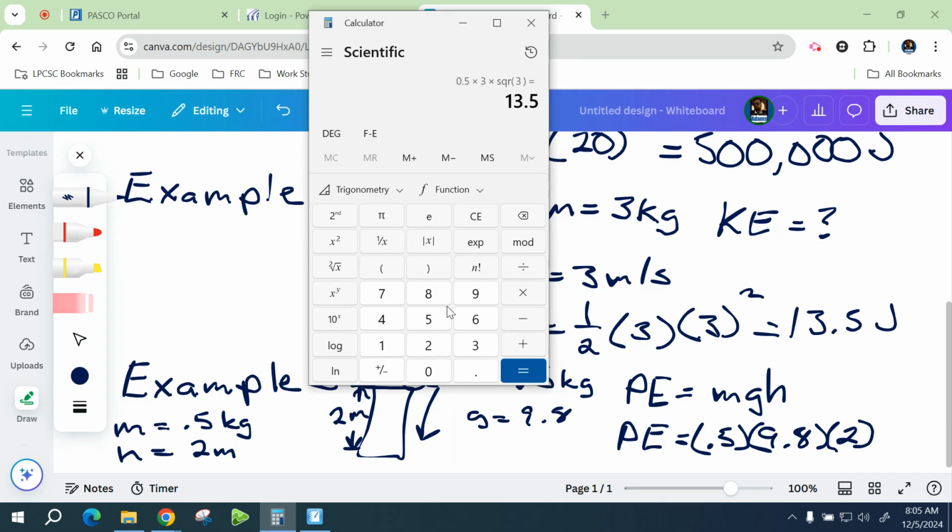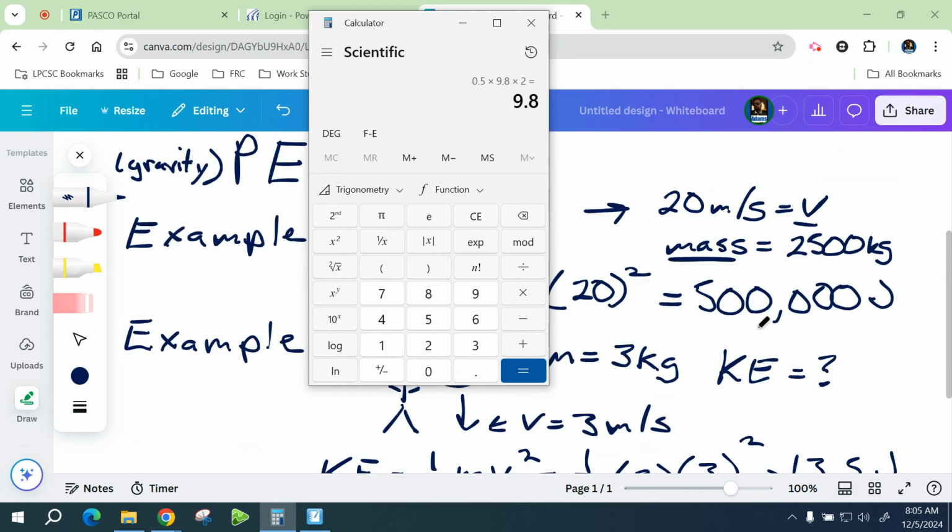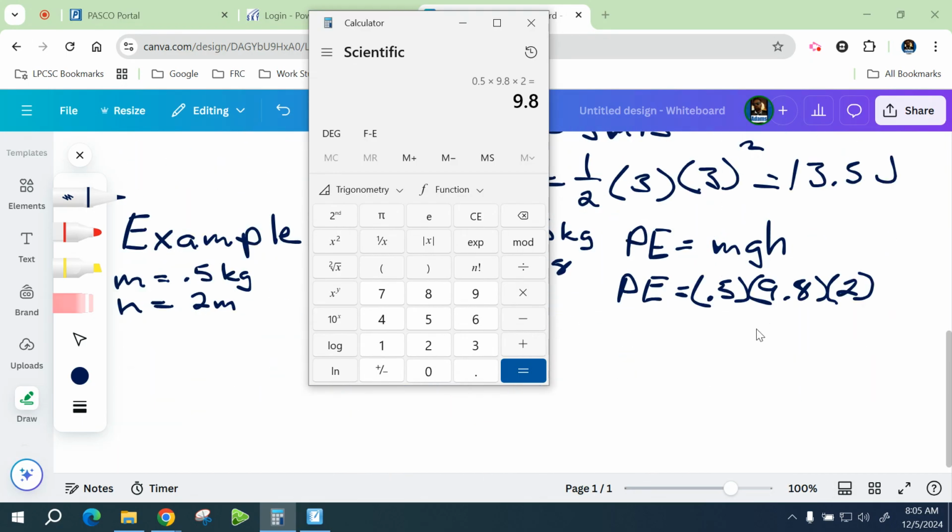So I'm going to say 0.5, oops, make sure I put the right thing in there, 0.5 times 9.8 times 2. Oh yeah, that makes sense. When you take half of 2, it's 1. 1 times 9.8 is just 9.8. So then the potential energy is 9.8 joules.